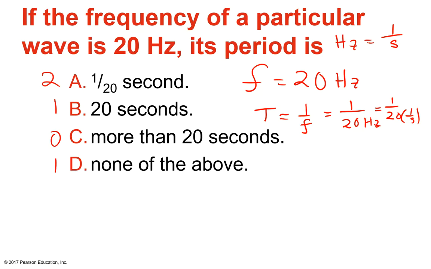Do you guys learn how you deal with dividing by fraction? You invert and multiply. It's called the reciprocal. The reciprocal is the invert, yes. So frequency is the reciprocal of period. So that's 1 over 20 times seconds over 1, which is, of course, 1/20th of a second.